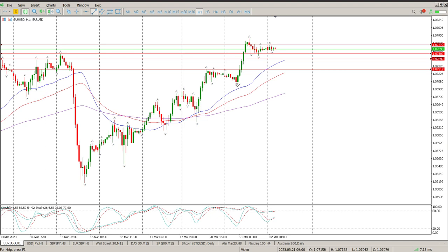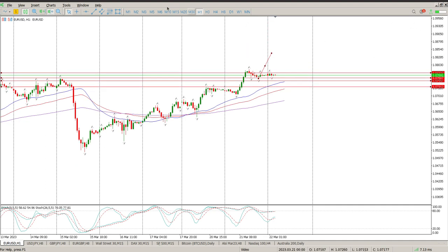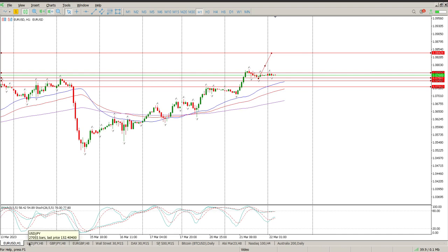Your move is going to be something like that, which takes us to 108.424. So I'm looking to buy either for a bounce here or a break of this area of resistance that we're in at the moment.